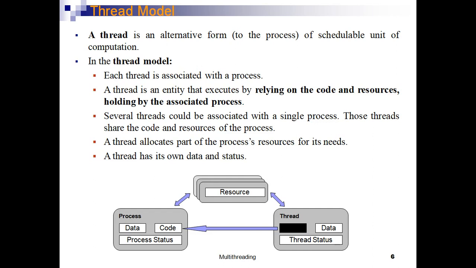They will execute their tasks under the control of the electrician, that means the main thread. The main thread will give instructions to the child threads, that is the subordinates or assistants of the electrician. These assistants will work under the control of the main thread, that is the electrician.